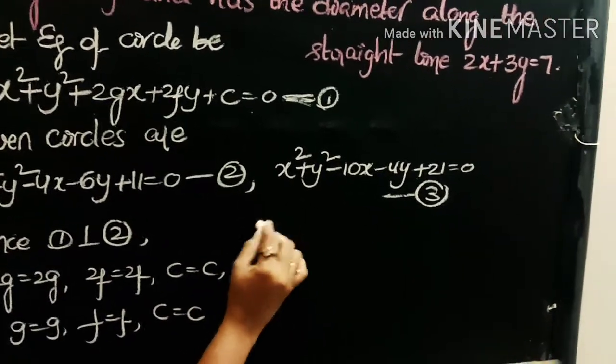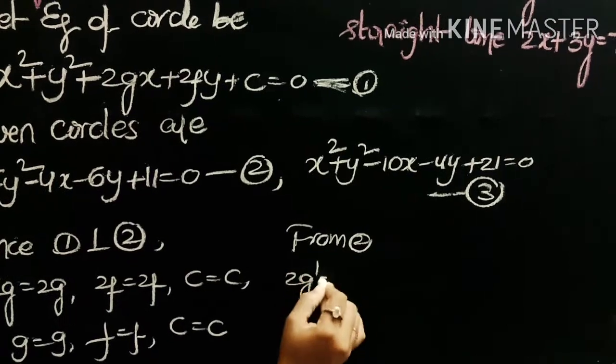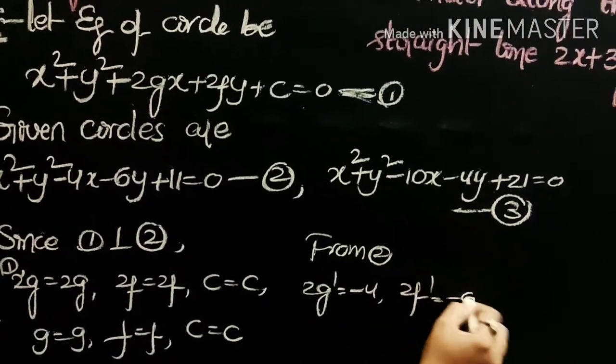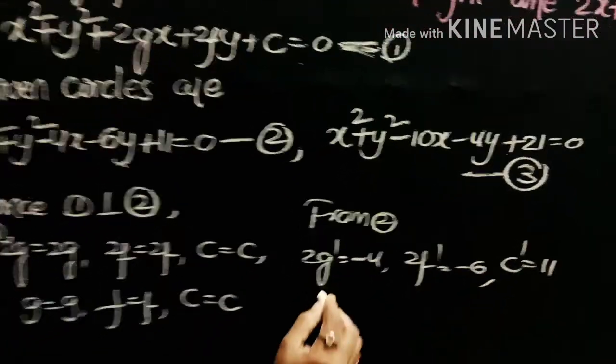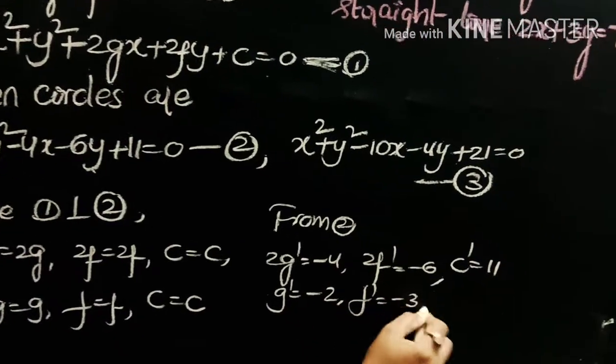Now from the second equation, 2g dash is equal to minus 4, 2f dash is equal to minus 6 and c dash is equal to 11. That is, g dash is equal to minus 2, f dash is equal to minus 3.